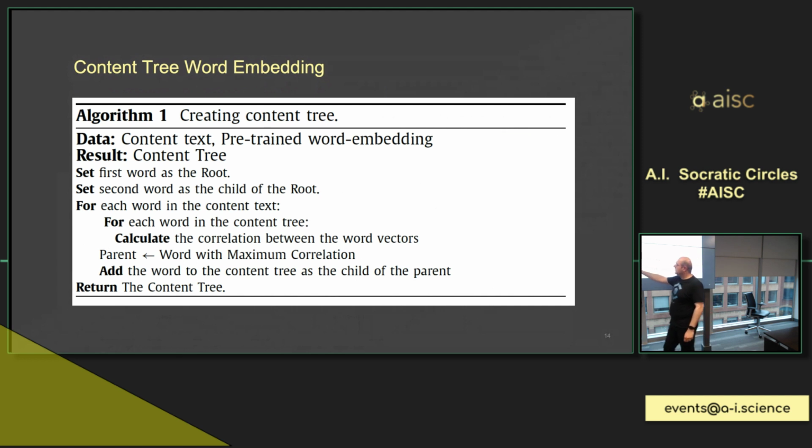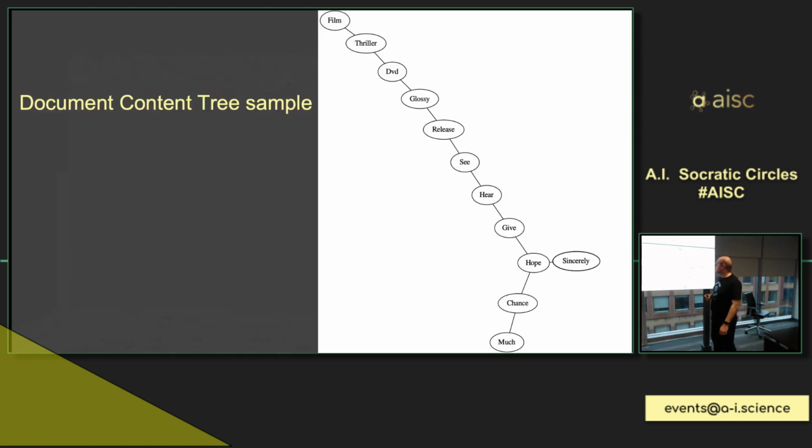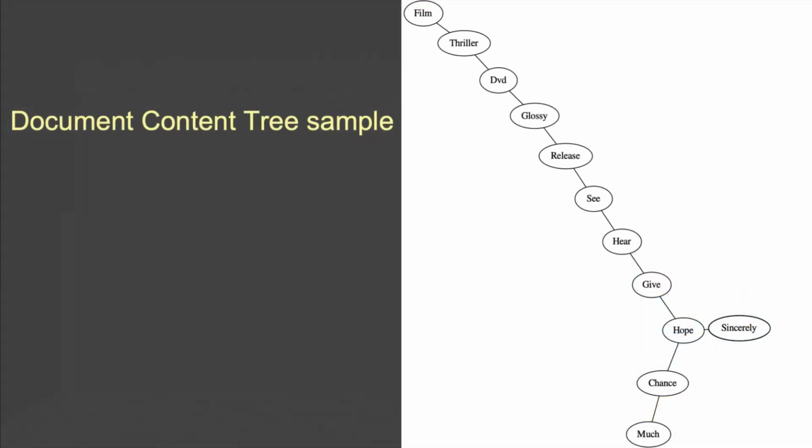Then the word is added to the tree, and we go to the next. Here I have one example. This one is generated with the same algorithm: given a sentence, it generated this tree from that.